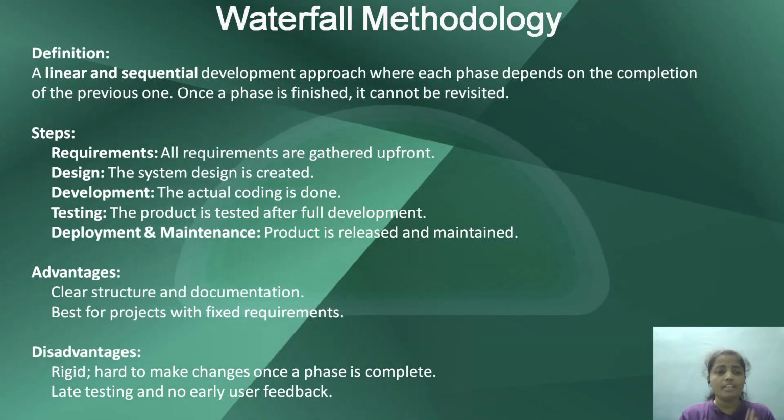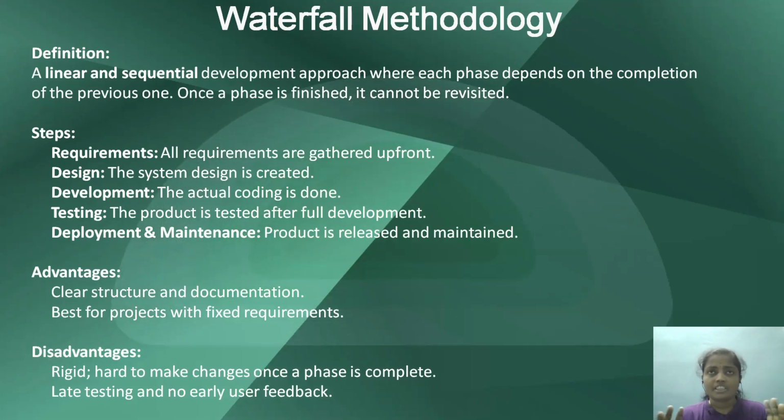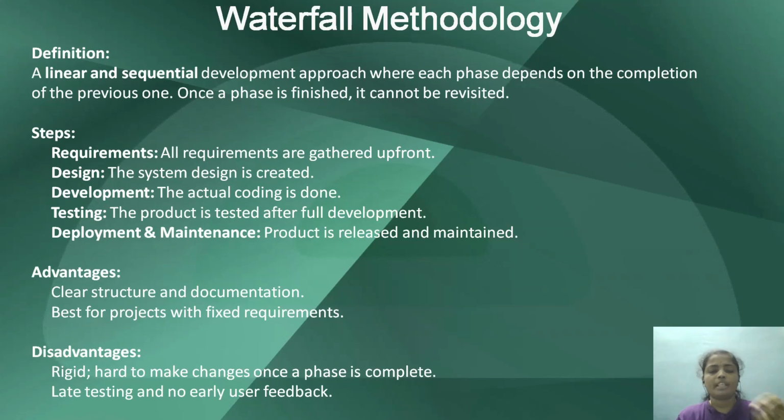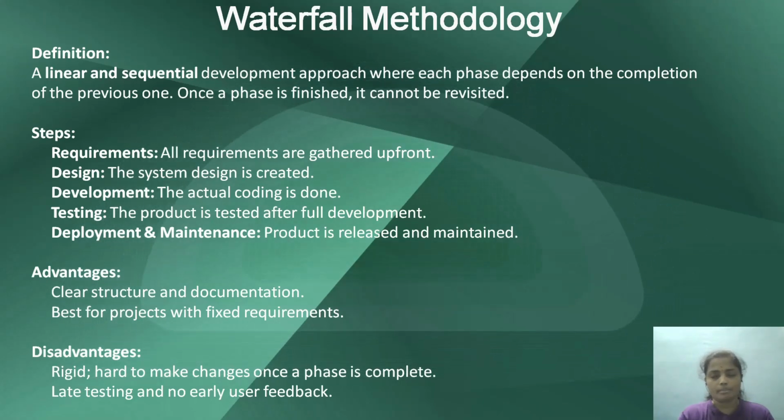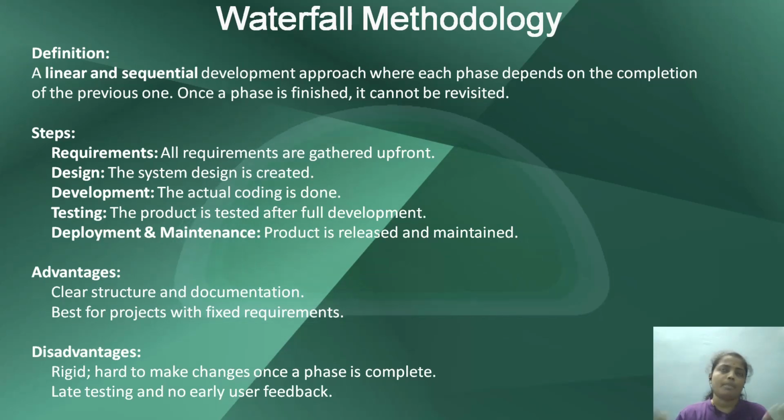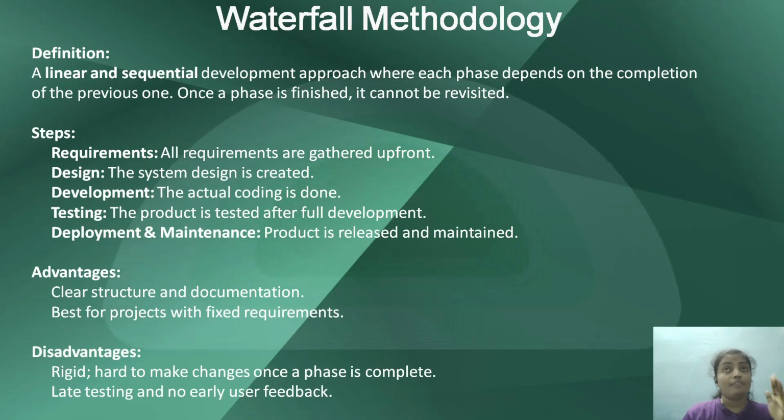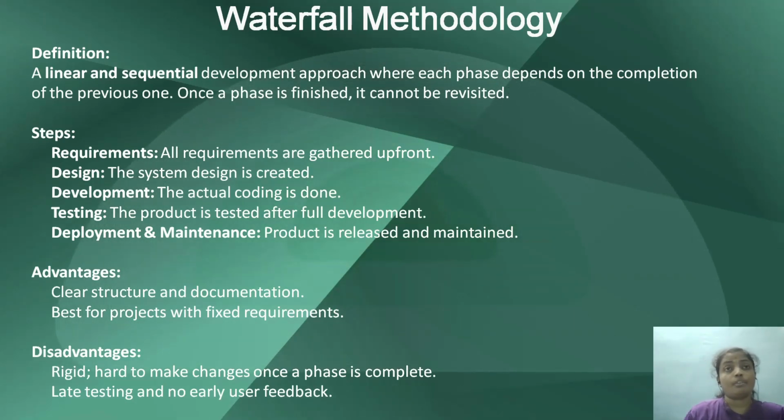Once the development is done, we will move to testing. The product gets tested and we will check for any kind of issues. If all goes well, we will be taking this product as a release candidate and deploy it to the customer side. And if there is a need for maintenance by the same company, we will maintain it. So you can see every phase is dependent on the closure of the previous step.